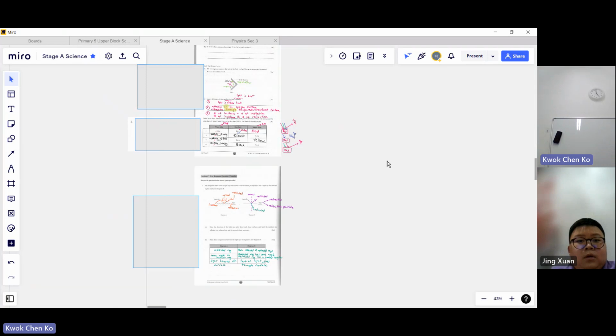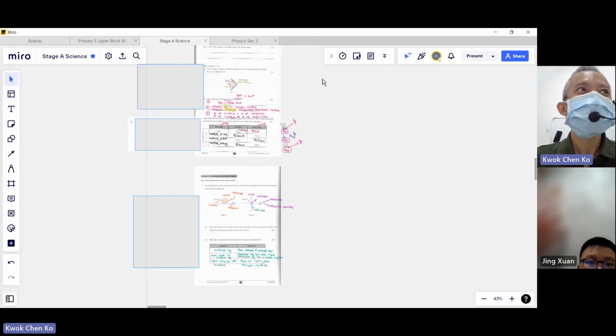For question 9, the first question and average speed. So this question just asked why does this occur? Okay. So again, can you remember internal reflection? No.